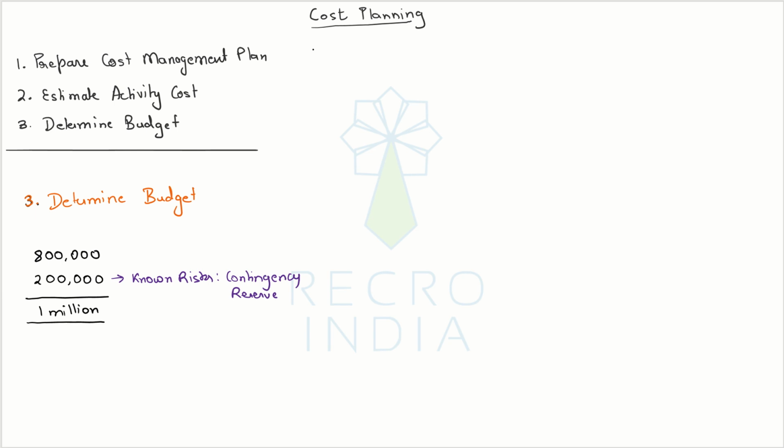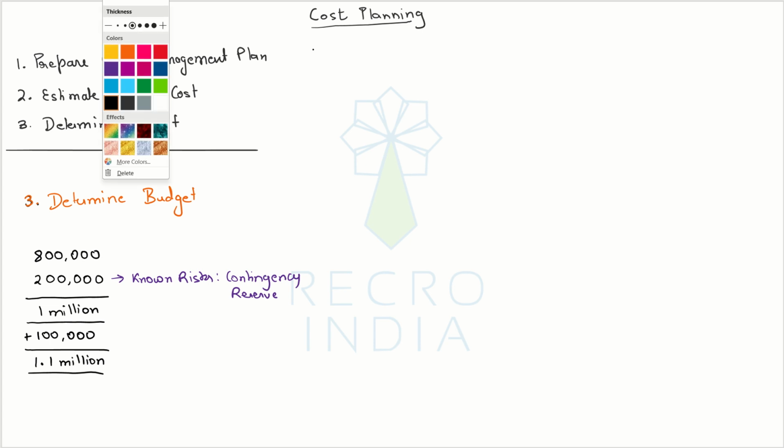However, the management, as in the sponsors or the senior leadership, may add another amount here just in case there is some unknown risk, or there are some uncertainties that we haven't been able to see yet. So they want some kind of buffer to cover that also. So now the total amount of money that will be kept aside for the project stands at 1.1 million.